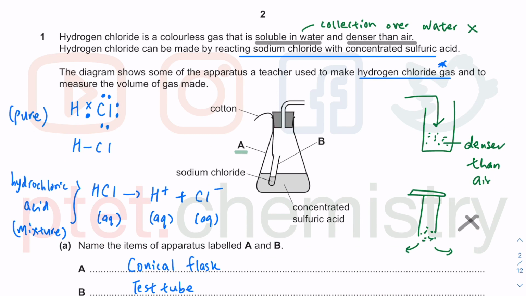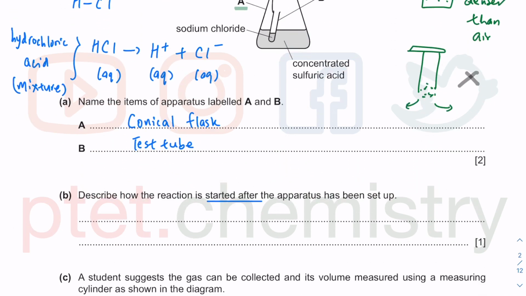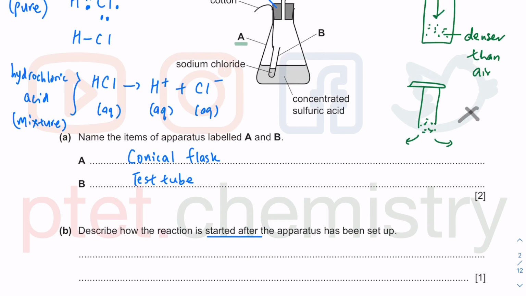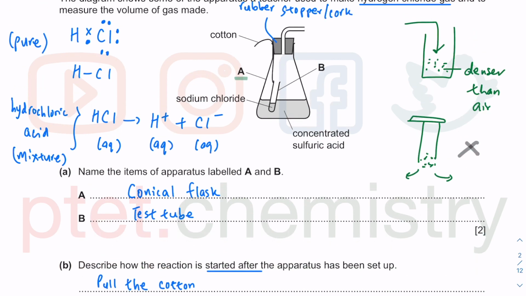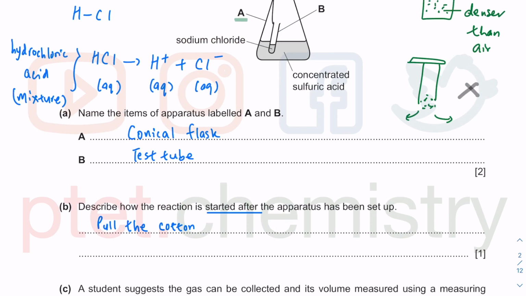And therefore, we don't want them to mix before I actually seal it up with this stopper, which is usually a rubber stopper, or you can say a rubber cork. So describe how this reaction is started. We can pull the cotton string. You could see that there was a cotton string attached to the test tube there.